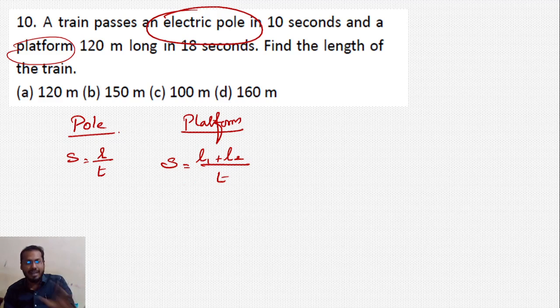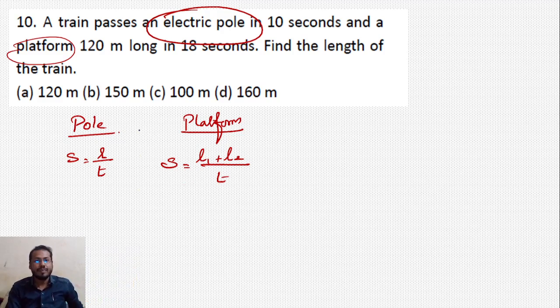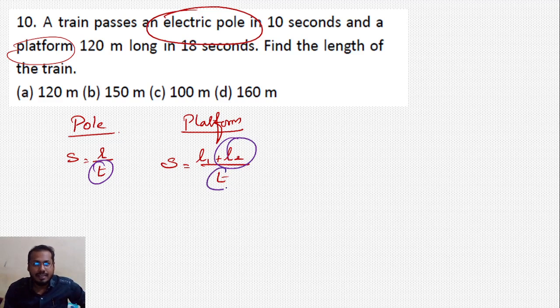Okay, just find out what are all the data given for these units. First, electric pole in 10 seconds. This is given. Platform 120 meter and 18 seconds. Look at this. In both the formulas, they have not given the speed and train length. Two variables I don't know. If one variable I don't know, that is easy for us.